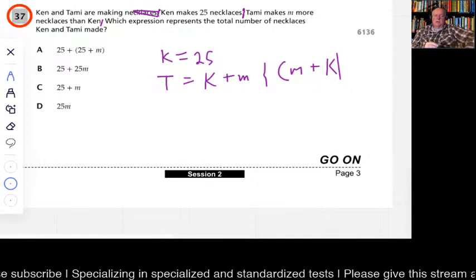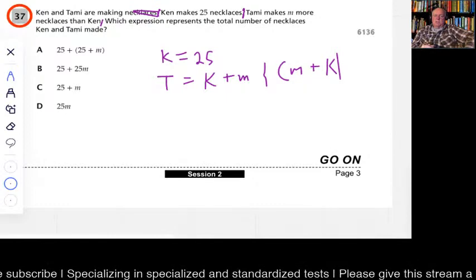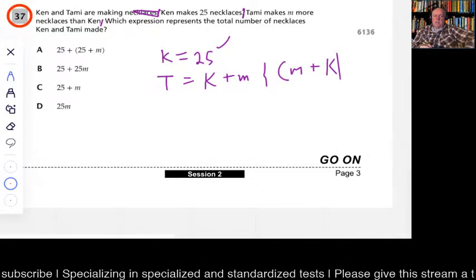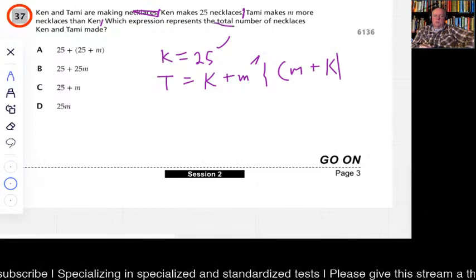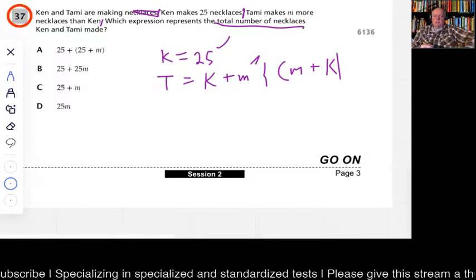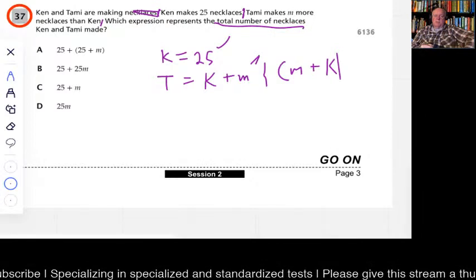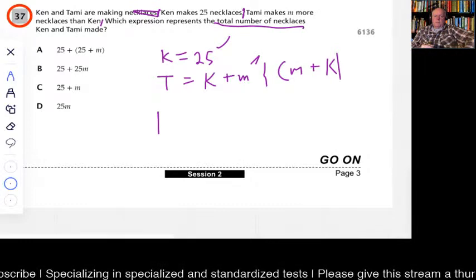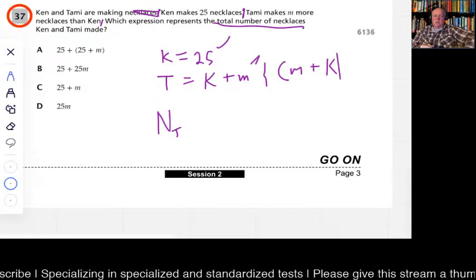So let's go through it again. Ken and Tammy are making necklaces, cool. Ken makes 25 necklaces, check. Tammy makes M more than Ken, check. Okay, which expression represents the total number of necklaces that they both made? So now, well, I used T for Tammy, so I'm going to use N, and I might put a little C. Total number equals what?